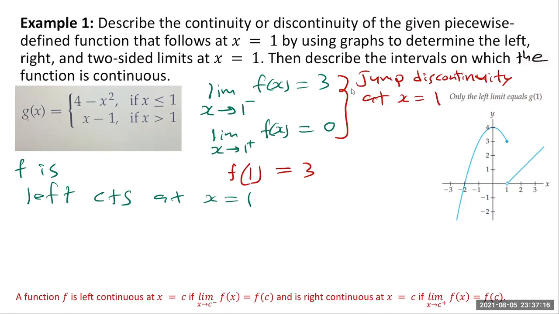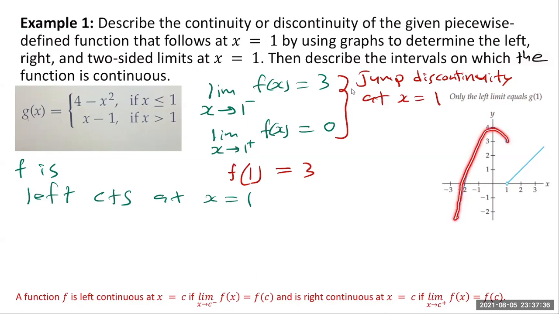All right, next, the intervals on which this function is continuous. On what intervals would this function be continuous? Notice that to the left of 1, when x is less than or equal to 1, this is the piece of the function. Clearly, this is a continuous function. You can see that from the graph as well.